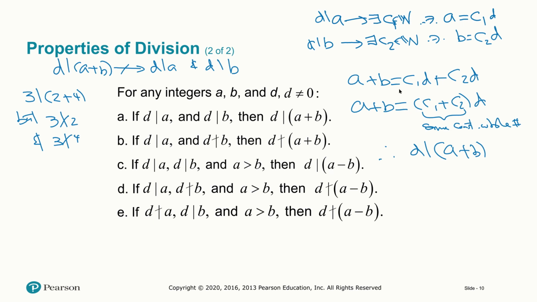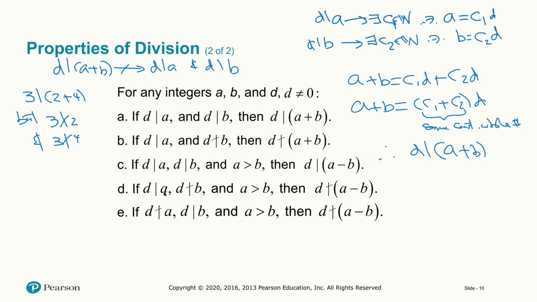The proof of that fact would be very similar to this, okay? And here you would end up with just C1 minus C2, and because you have a whole number that's bigger, this would end up being some positive whole number as well, and then you would establish your fact.